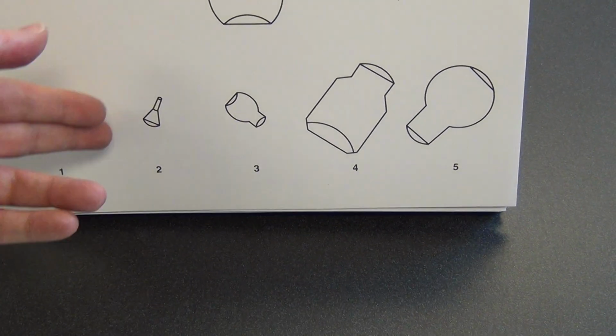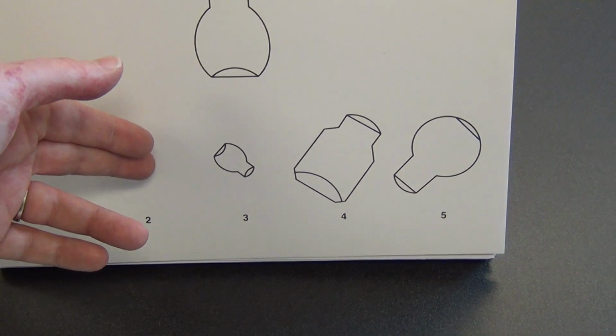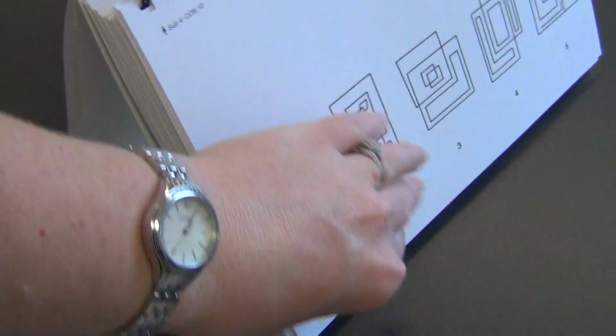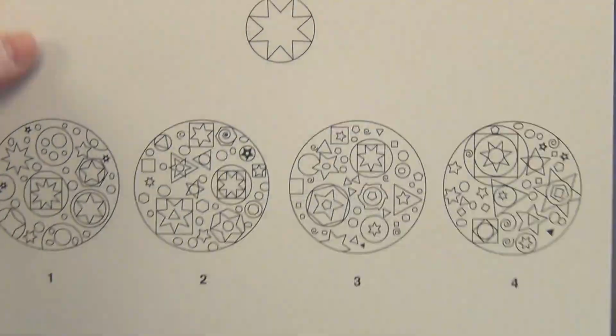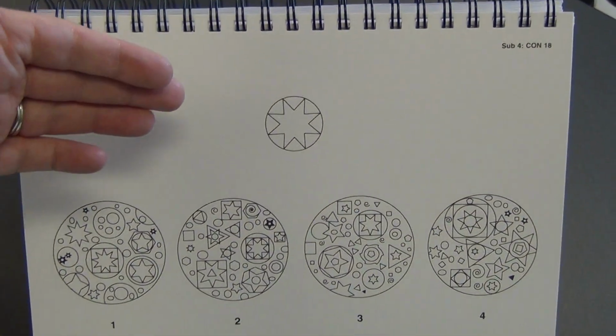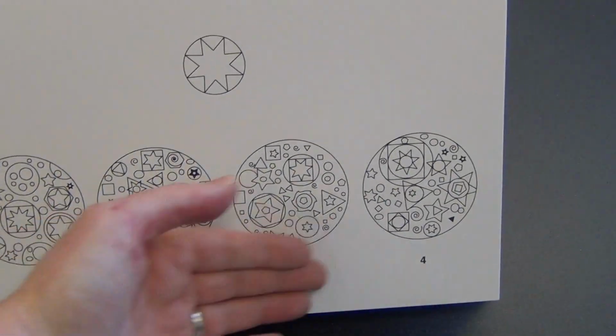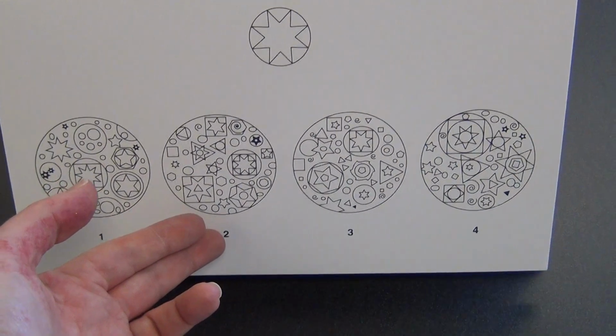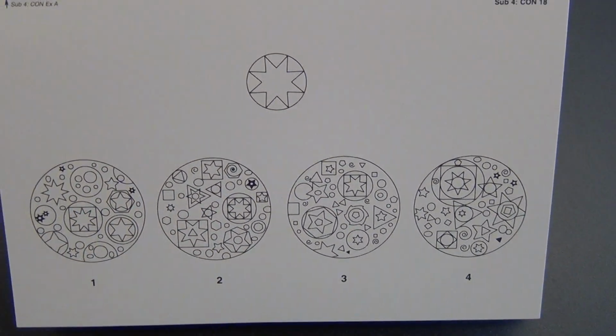The answer to this one is 3, for example. And for this one, I have to flip the book. Then here's the last one for form constancy. You have to find this item down here. And the answer is 2.